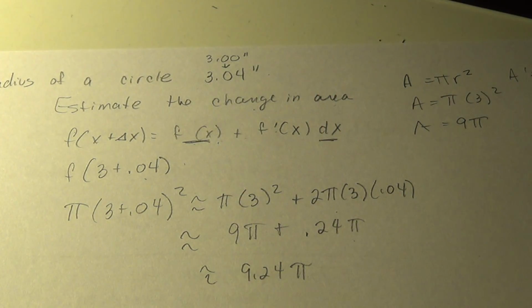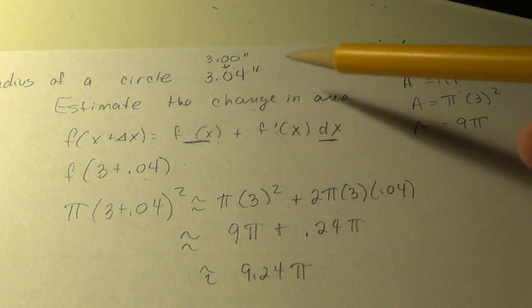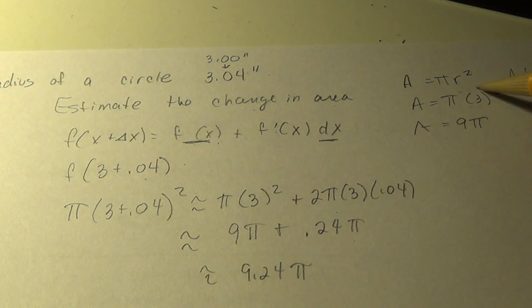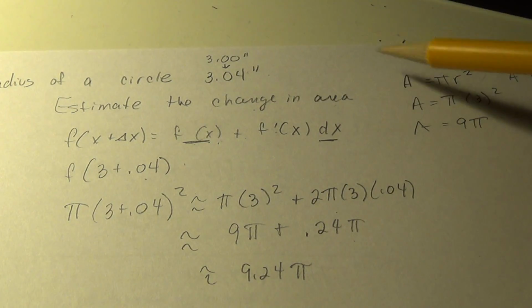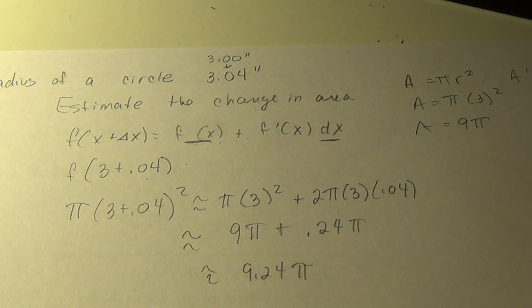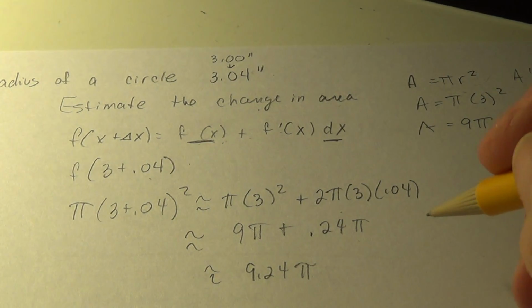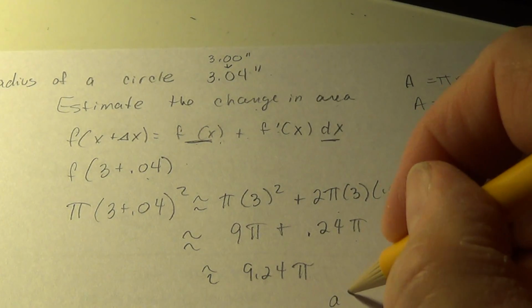And the actual change in area, if you go back and do pi r squared with just the 3 in it, and then pi r squared with the 3.04 in it, the 3.04 will give a slightly larger area than the 3 did, and the difference between the two is the actual one.